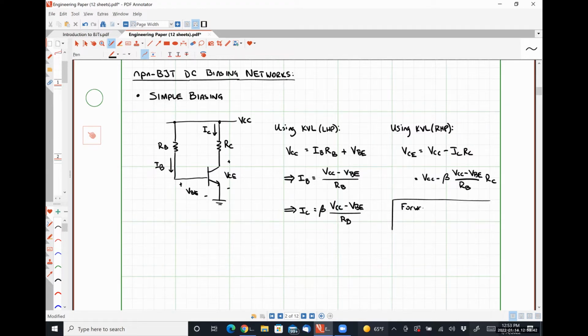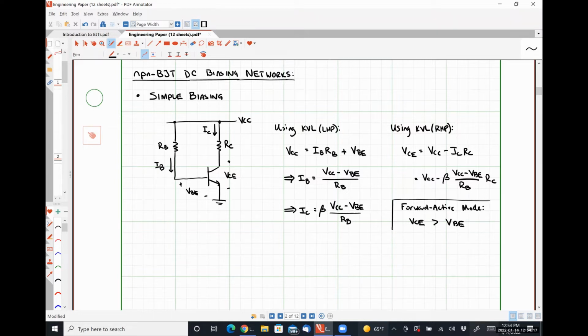Forward active mode requires VCE to be greater than VBE. So that can tell us what the maximum value of either RC or RB could be to keep this guy in that specific biasing condition if we know the other one.